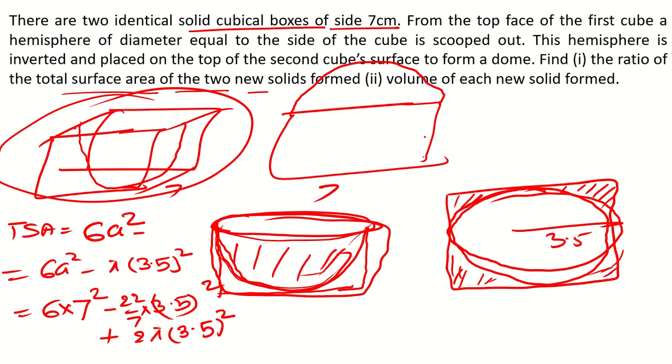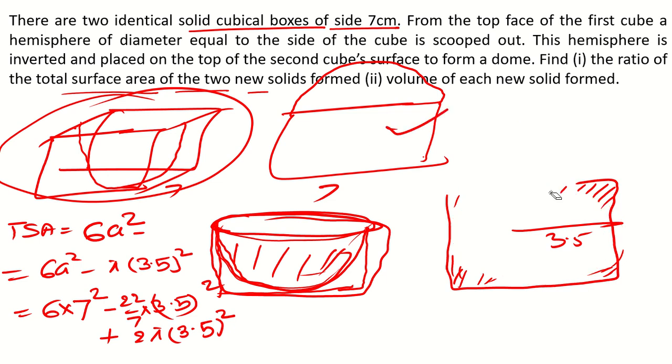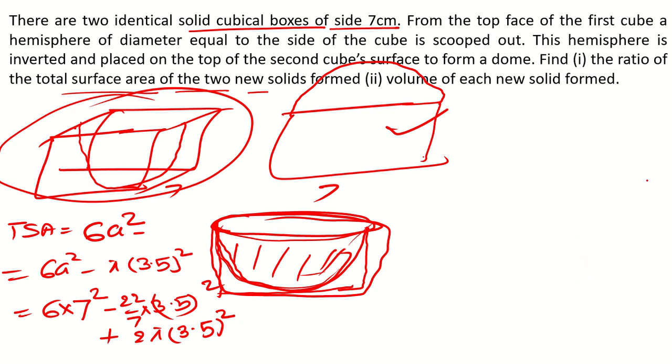And what about this one here? This will be easy for you to understand. First of all, the total surface area will be completely 6a square for the cube, because it is the same as before, plus, now what will you do here? Here you will subtract this, because on the top it is covered by the circle which is not seen, and I told you surface area is the area of the surface you can see from outside.